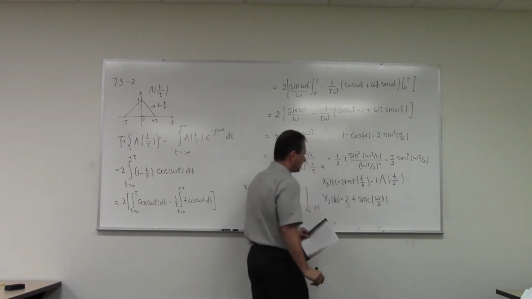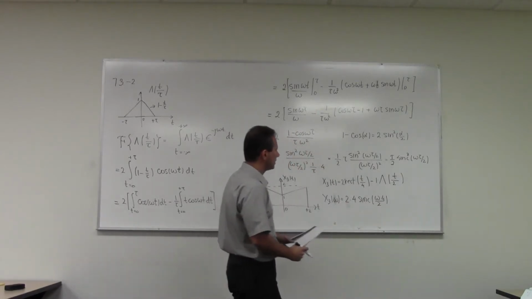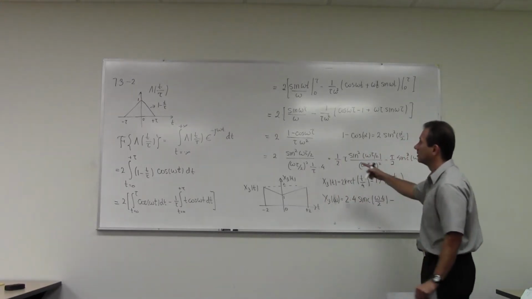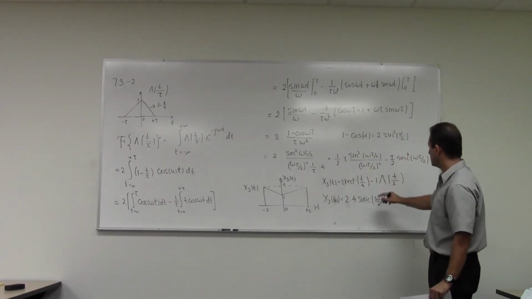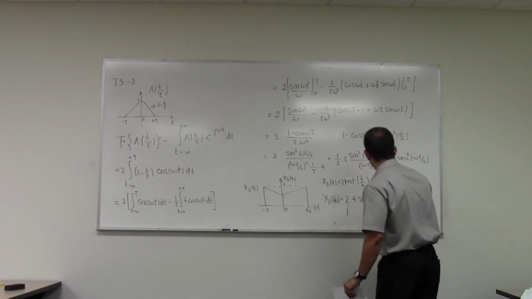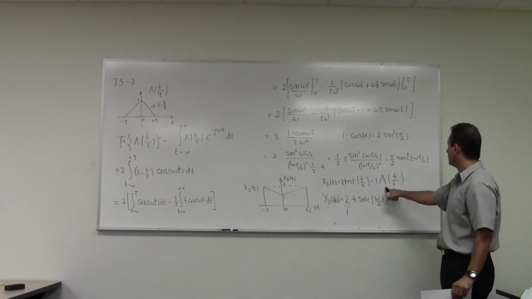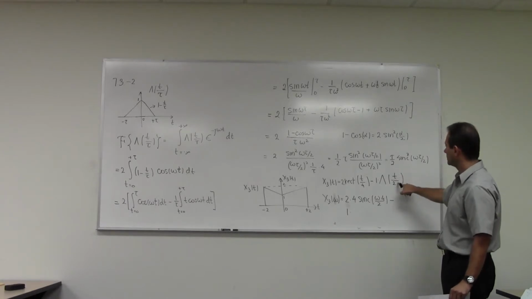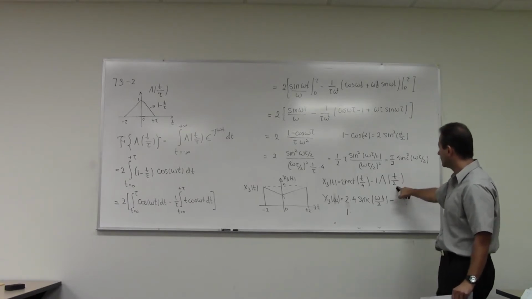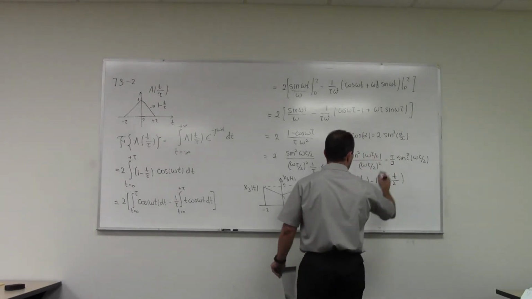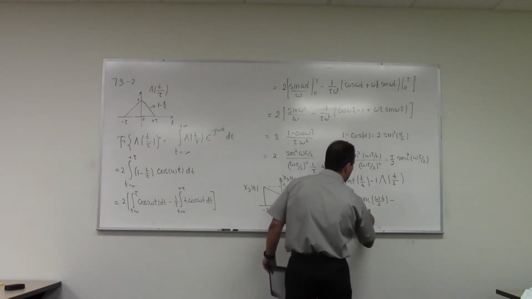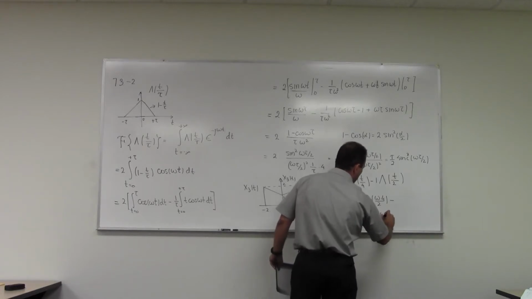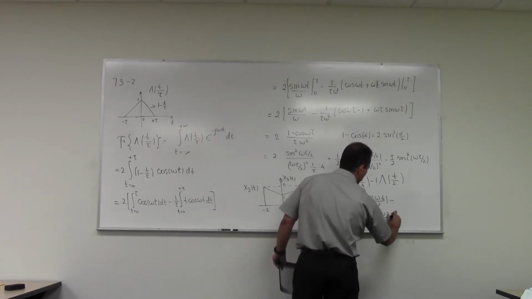So that's the Fourier transform of the first part, and then minus, based on our derivations here, this is minus 1 times the Fourier transform of this one. This is a triangular pulse for which tau is equal to 2. So this becomes 1 times 2 over 2 sinc squared omega times 2 divided by 2.